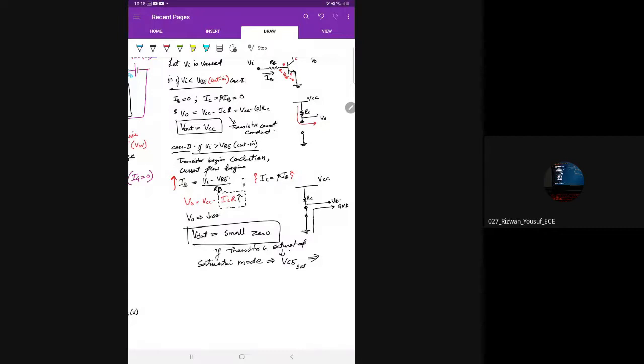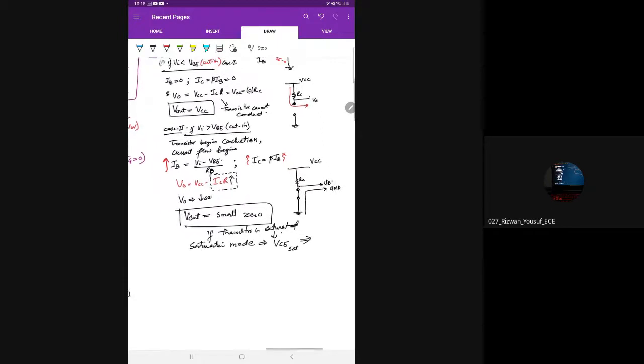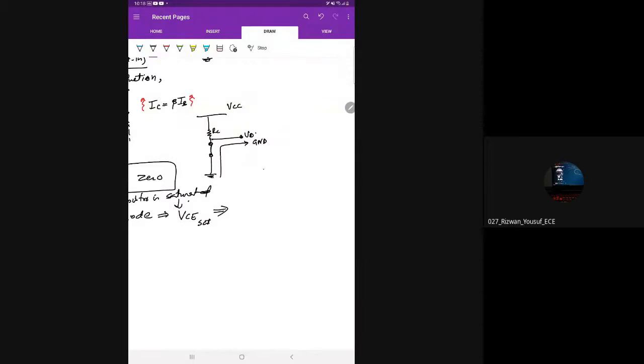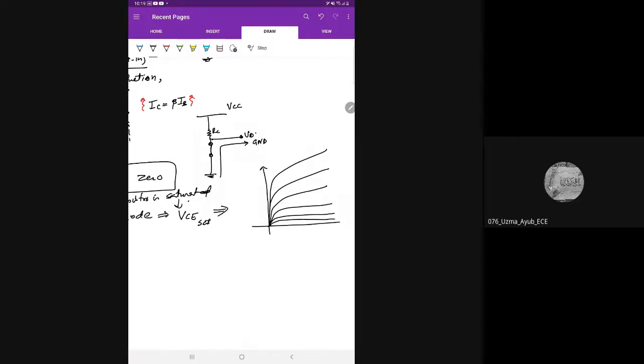What is the value of VCE in saturation mode? VCE saturation is nearly equal to 0.